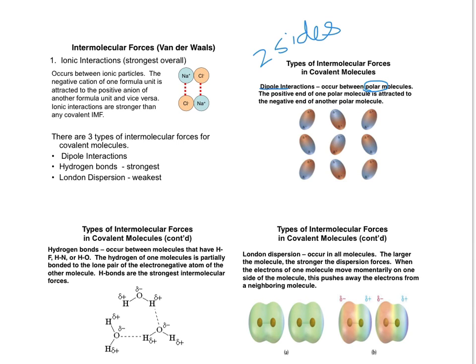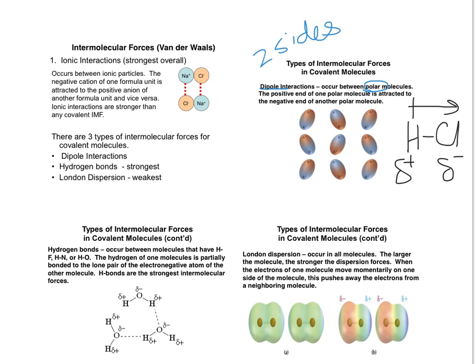If you remember, those are the ones where you have one atom more electronegative than the other, so it pulls the electrons towards it more. And so you have two different sides of the molecule because, let's say you have, for example, HCl. Chlorine is more electronegative. It pulls the electrons towards it more. So the electrons are spending more time with the chlorine, and electrons are negative, so that gives chlorine a partial negative and hydrogen a partial positive.